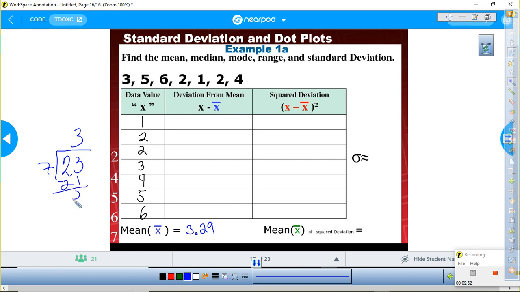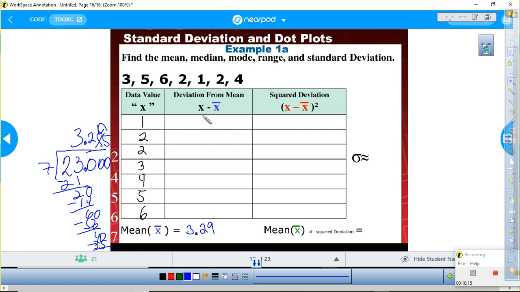Subtract, that's 2. Add a decimal and a 0. Fits in there 2 times, that's 14. Subtract, that's 6, add a 0. That becomes 60. 8 times 7, 56. Subtract, that's 4. Add a 0. Fits in there 5 times, that's 35. And it starts with 5, so this one becomes a 9. That is correct, 3.29.